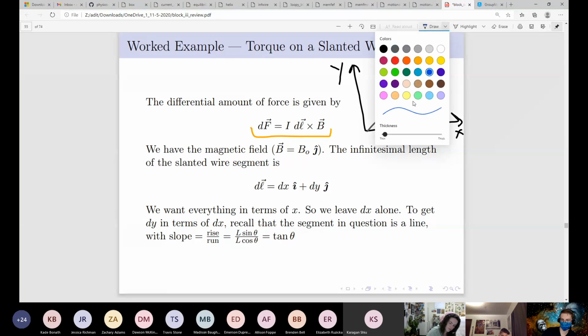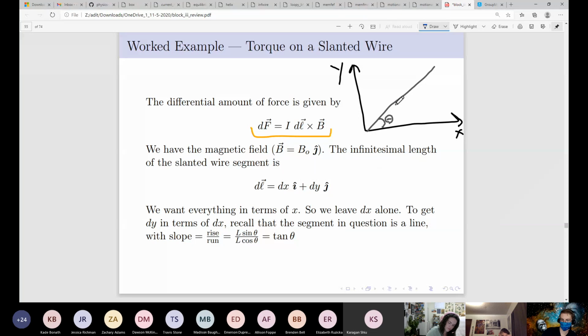So maybe my dL vector is pointing along this current carrying wire. And to find what that dL vector is, we can partition it into its i hat component, which is dx right here, and its j hat component, which is dy pointing up.